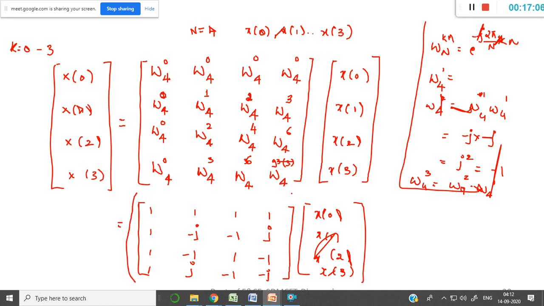It will not change. So if you can remember this matrix and keep changing the values of x of 0, x of 1, x of 2, x of 3, then whenever we ask you to calculate the 4-point DFT, the matrix method becomes very easy. Similarly, you can extend this matrix for 6-point DFT and also for 8-point DFT, and see how the matrix looks.